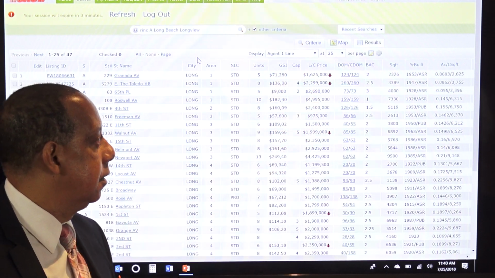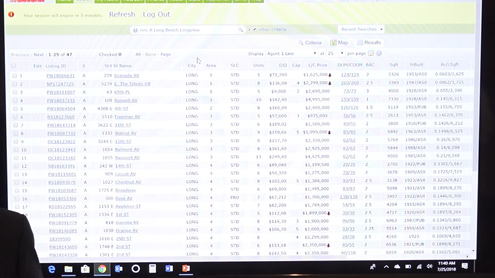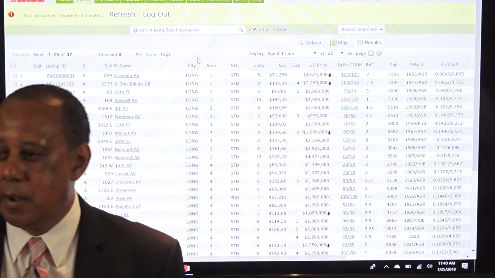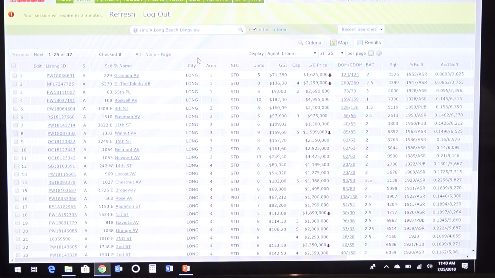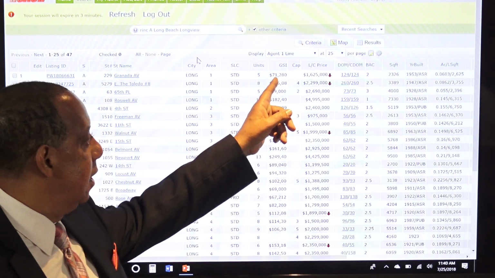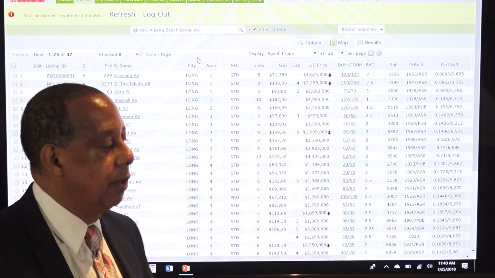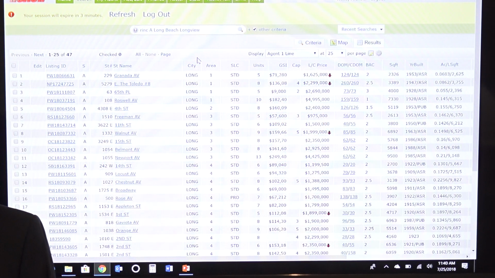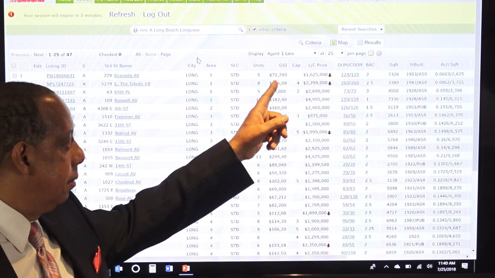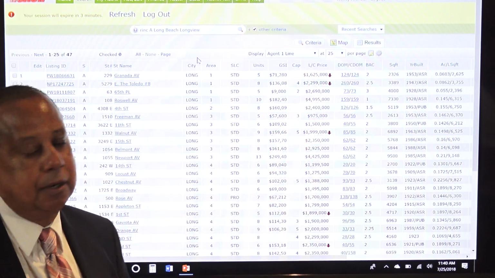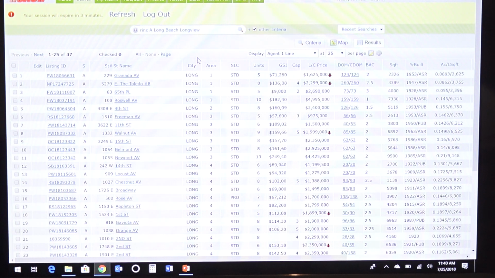And this is the list price. Let me tell you a quick and dirty way to find out if a property is gonna cash flow without you even thinking about it. If this number is 10% of that number, it's a no-brainer. It's a good property.